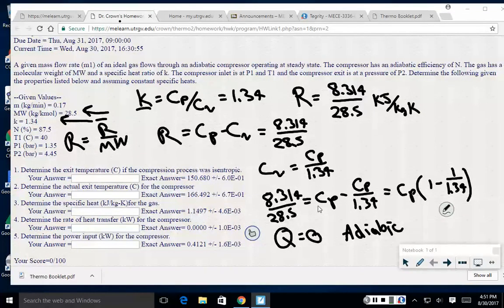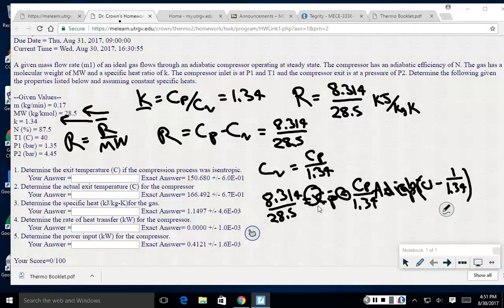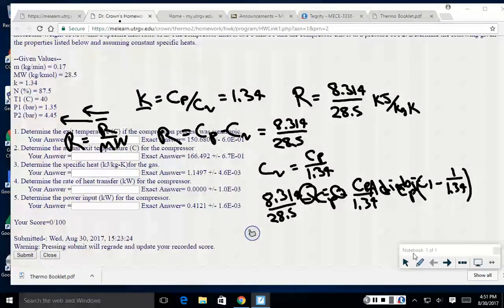And then finally, find the power input for the compressor. So I had that written a moment ago, but erase this. There we go.